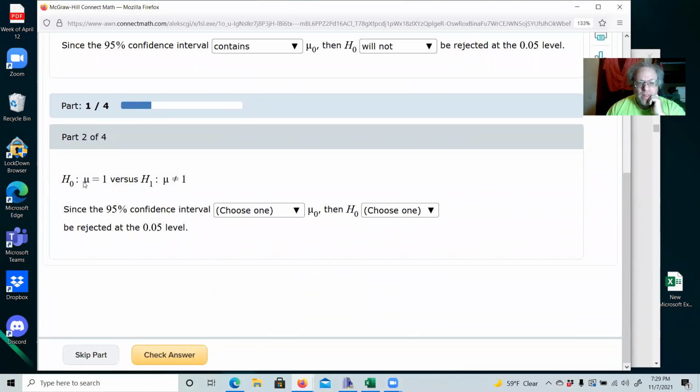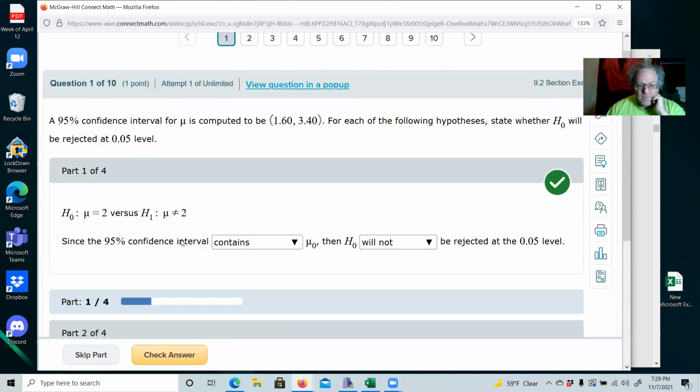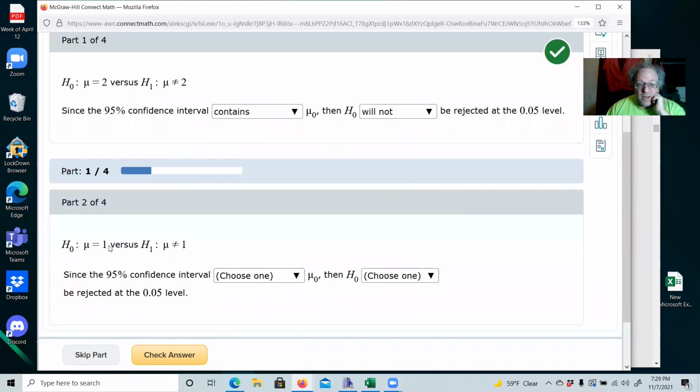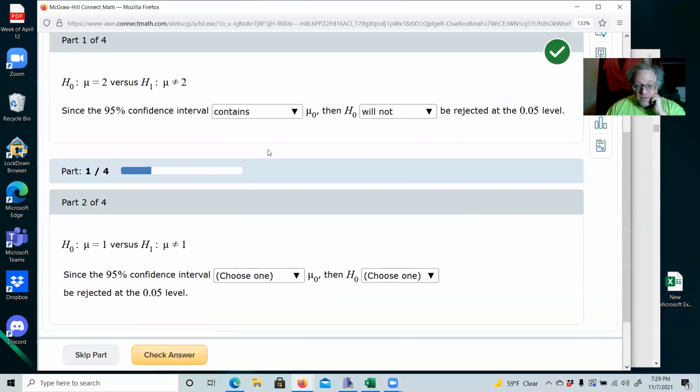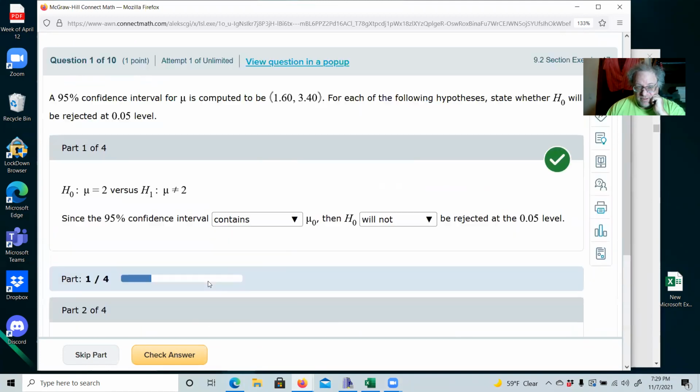We're going to do several parts. Part 2: mu is equal to 1 versus mu is not equal to 1. Our confidence interval does not include 1, so H0 will be rejected at the 0.05 level.